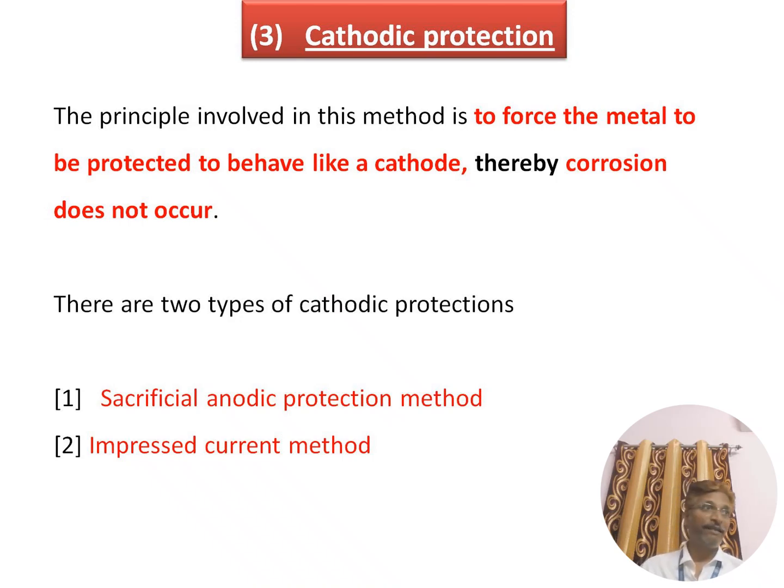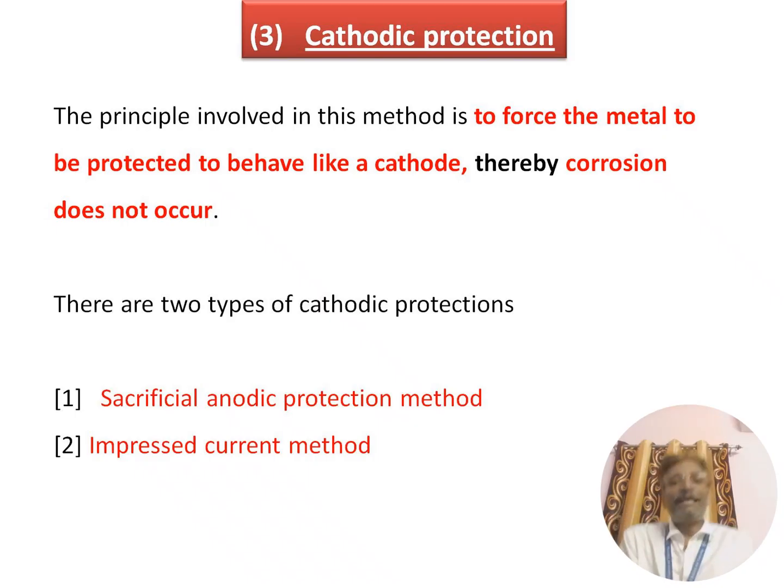We know that at the anodic region only oxidation takes place, electrons are lost, so corrosion occurs. So we have to force the metal to act as a cathode. That kind of principle is known as cathodic protection.